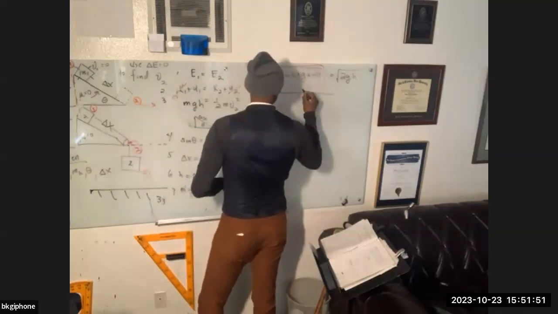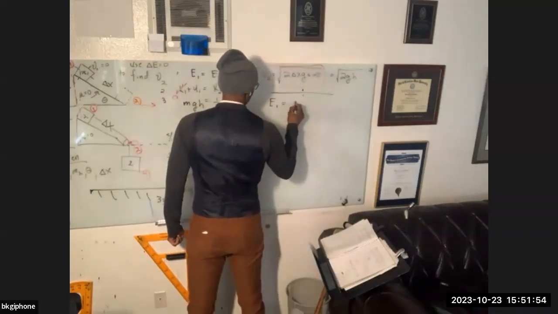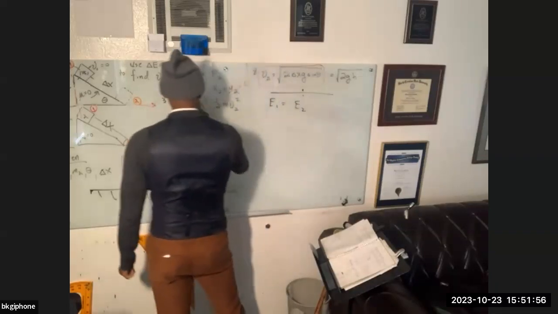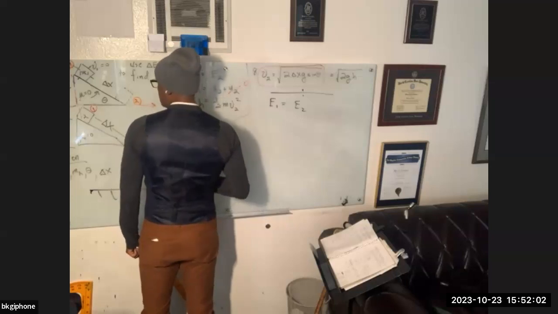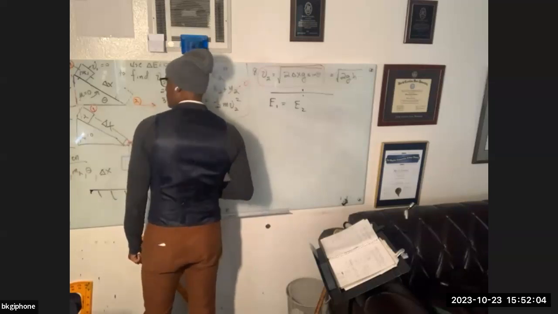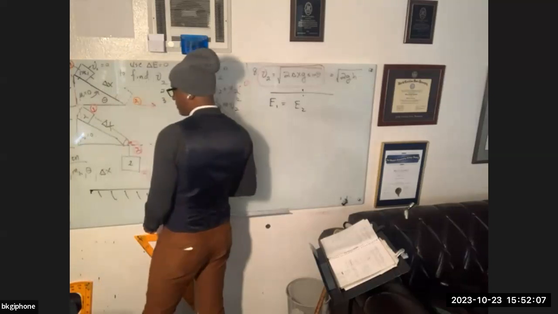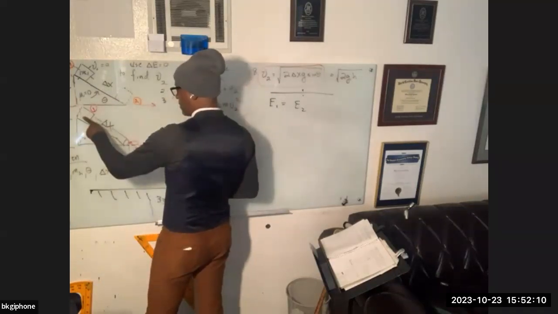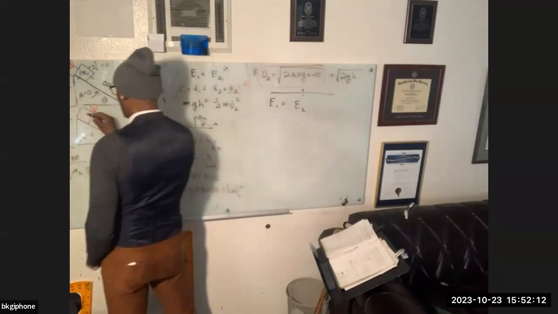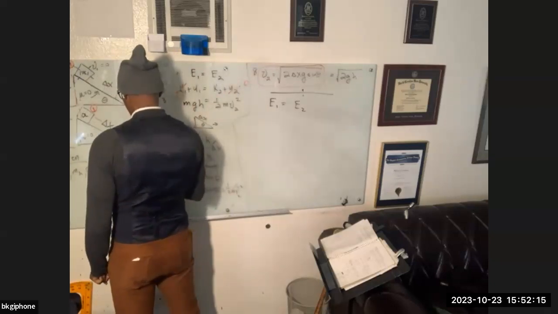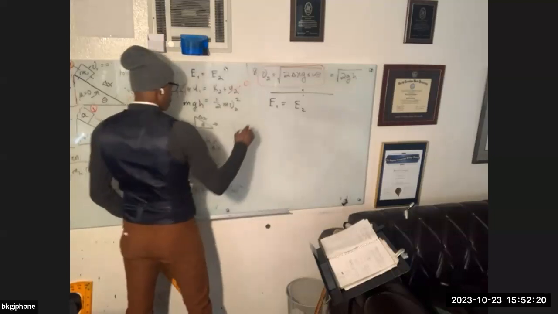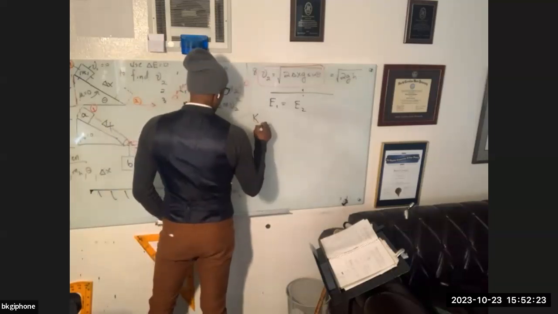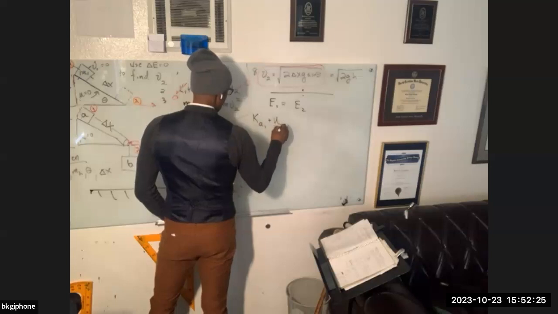So E1 equals E2. Now I've got 4 terms as opposed to 2 on each side. I have to make another distinction now and change my numbering. I want to make this block A and this block B. So I've got the kinetic energy of block A at position 1 plus the potential energy of block A at position 1.